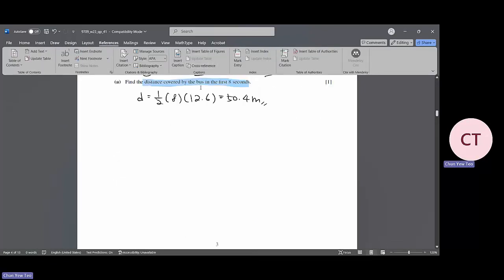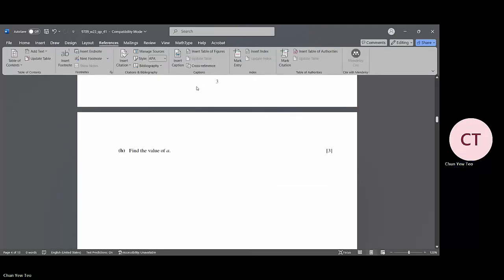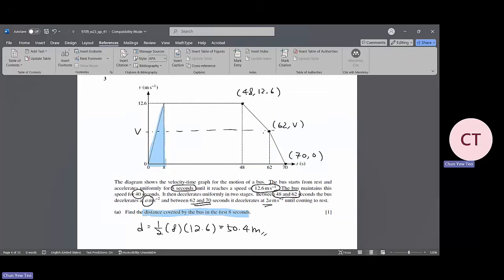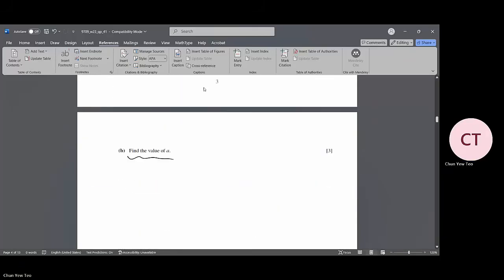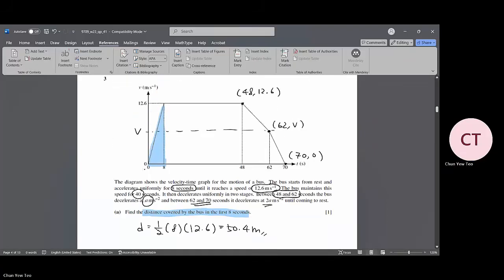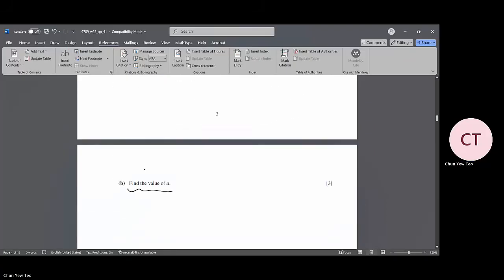Then for B, they want to find the value of A. Like what I mentioned just now, I need to use the gradient, for the time frame of 48 seconds to 62 seconds.